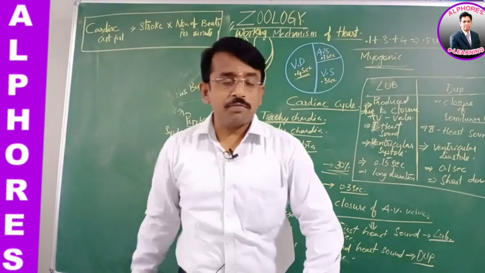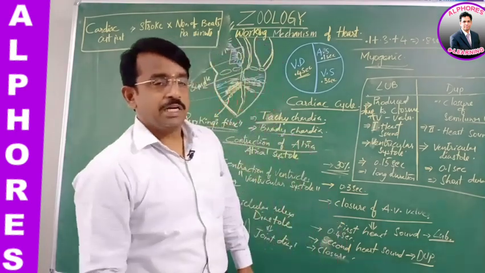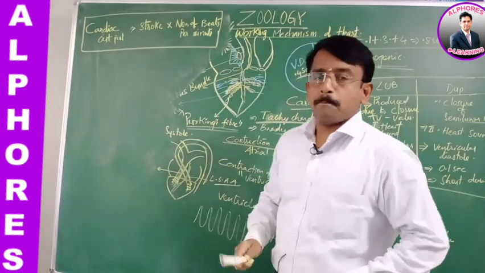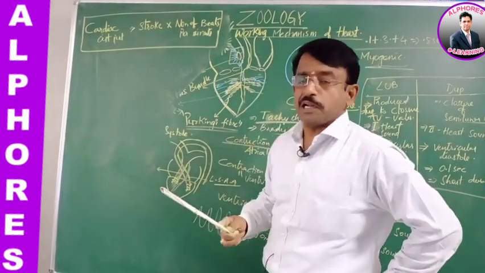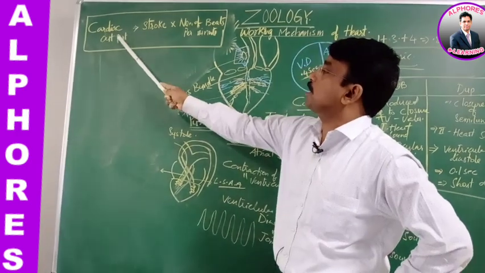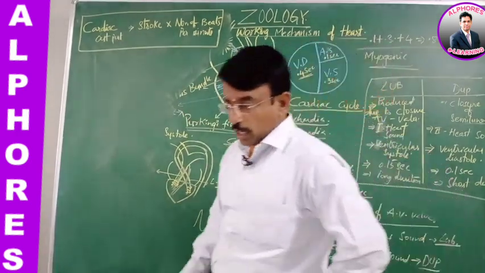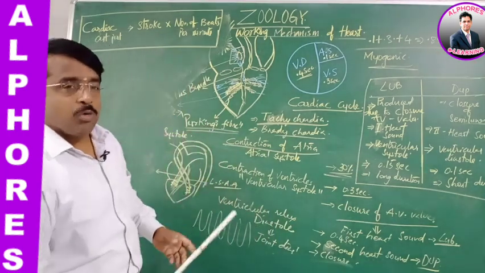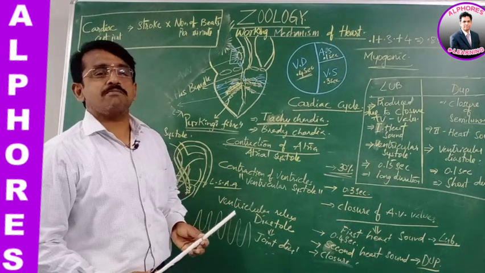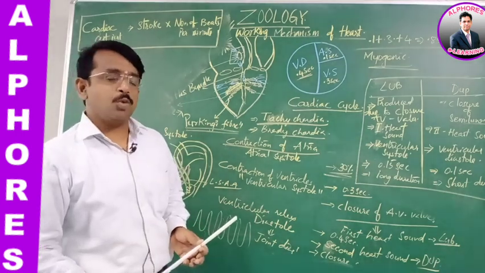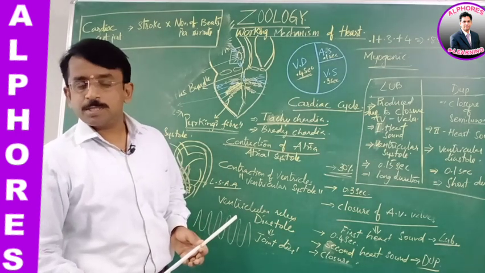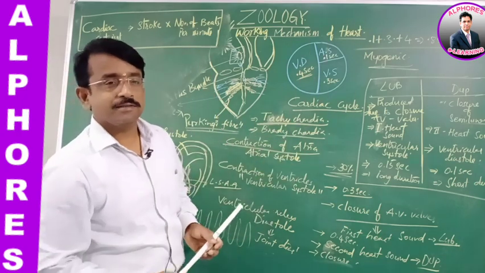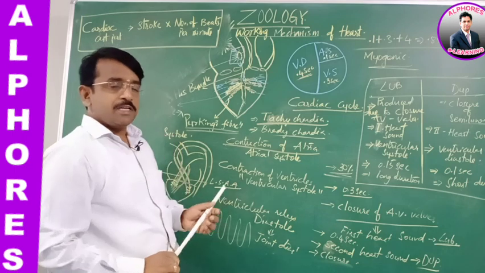What is the definition of cardiac output? It is defined as the amount of blood pumped out from each ventricle per minute. I repeat, cardiac output is the amount of blood, about 5 liters, that is pumped out from the ventricles in a minute of time, right?